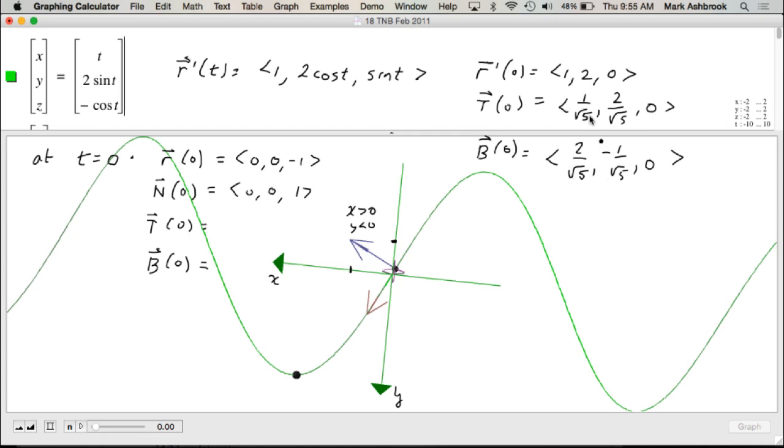There it is. And now the dot product, you can just check it. T0 dot B0 should be 0 because they're orthogonal. And we do. We get 2 over 5 minus 2 over 5 equals 0. So you may see that come up again.